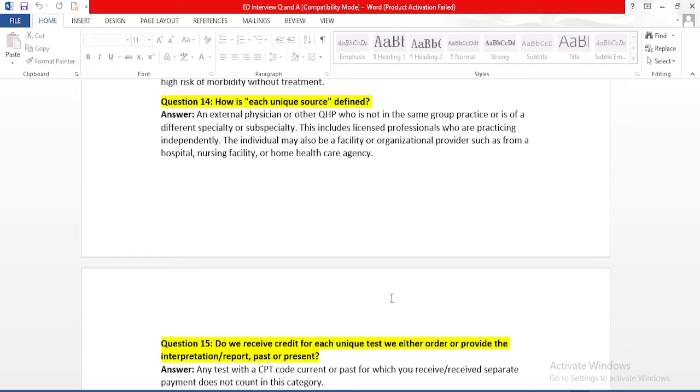This includes licensed professionals who are practicing independently. So independent physicians will also come under each unique source. They need not come under the group practice or that facility. The individual may also be a facility or organizational provider, such as from a hospital, nursing facility or home health care agency.